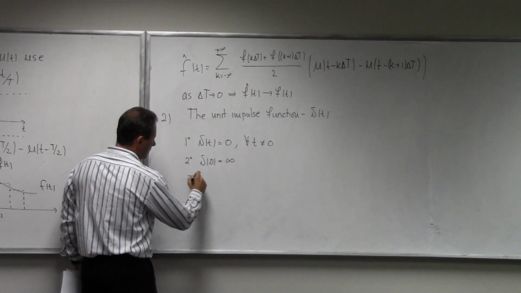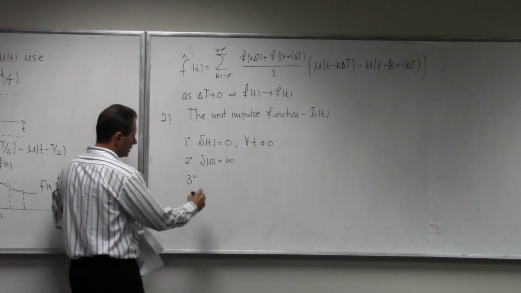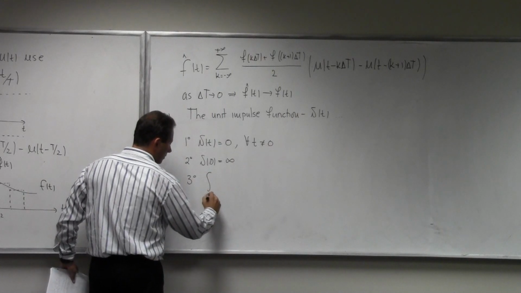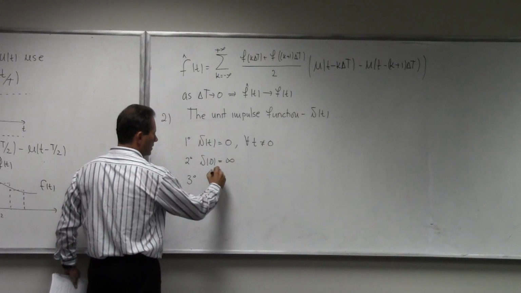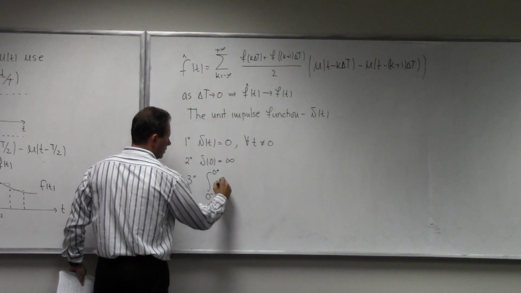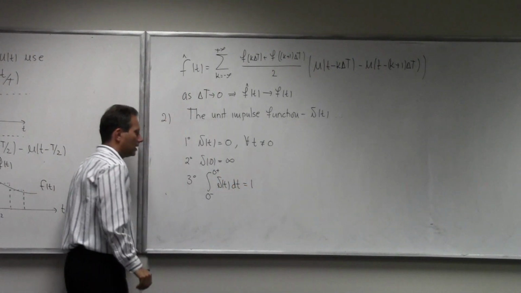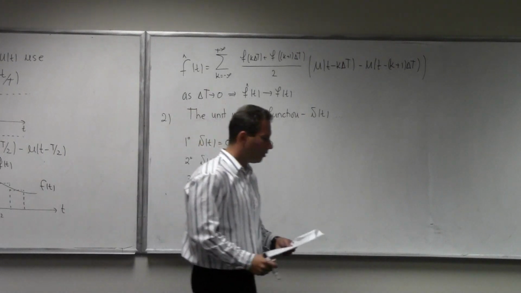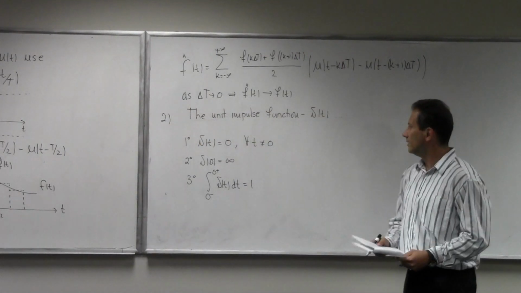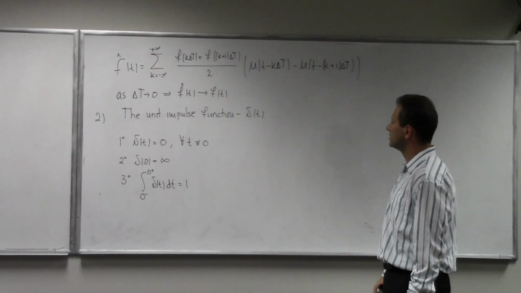And the third part of the definition is that the integral under the curve, so the integral from 0 minus to 0 plus of delta of t dt, is equal to 1. So this looks like a whole bunch of very weird requirements.